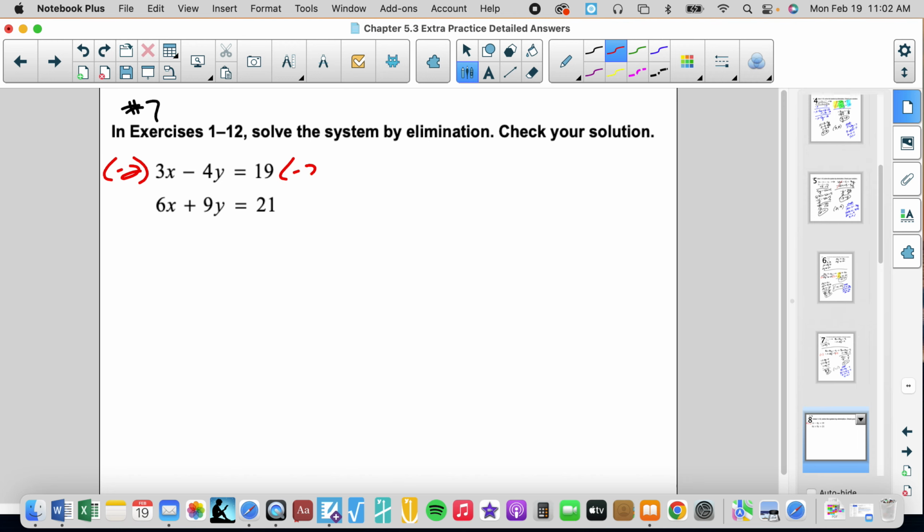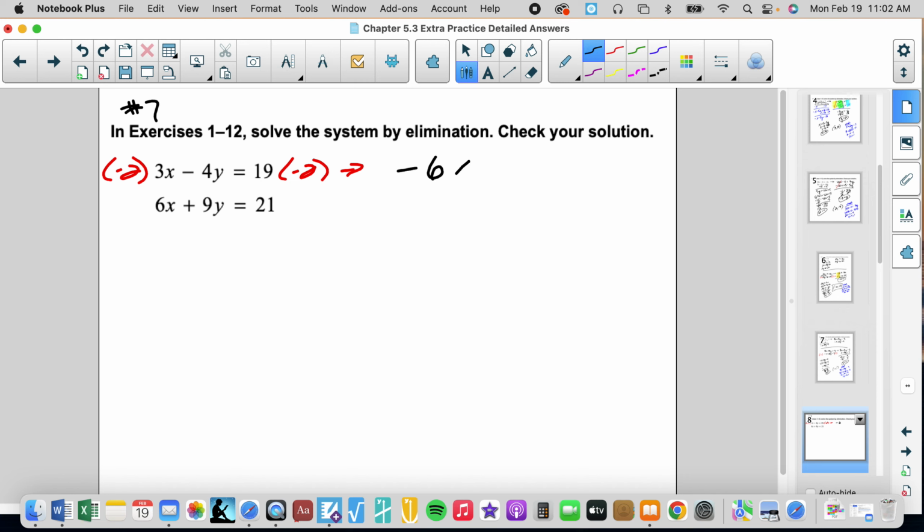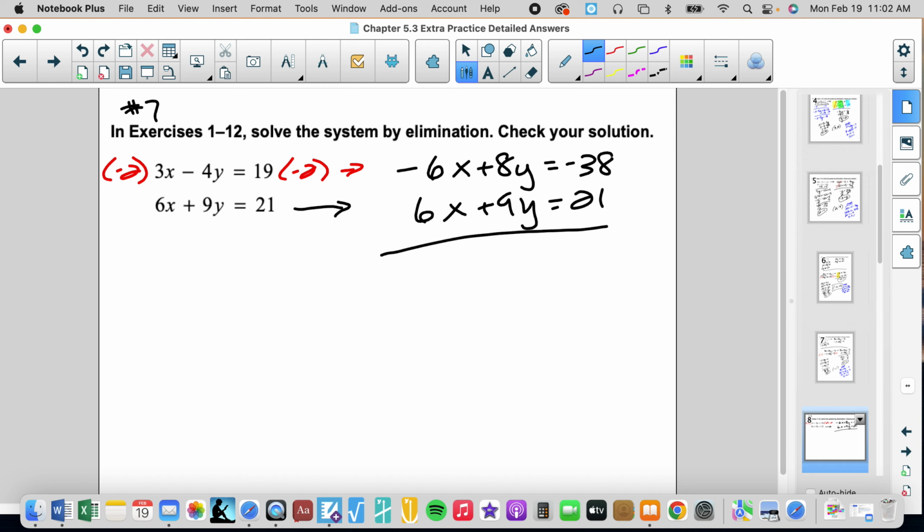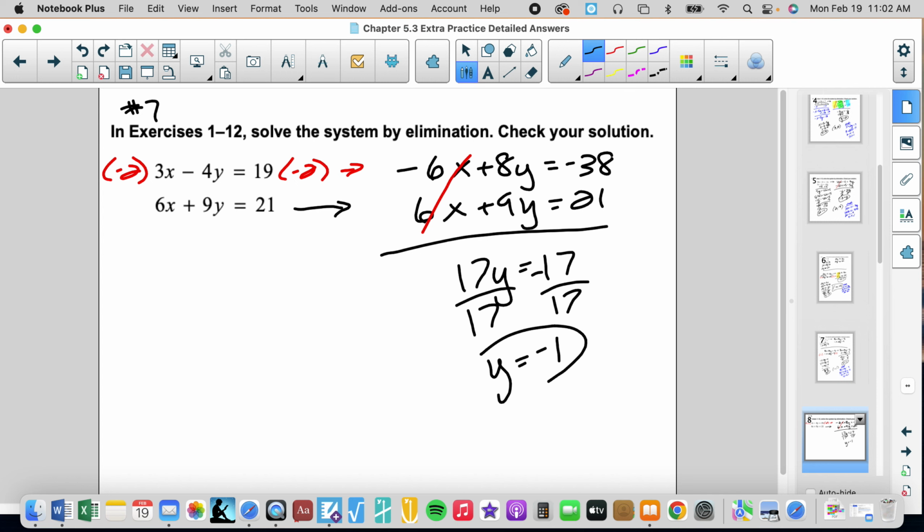I multiply it by -2, I get -6x plus 8y equals -38. And then I'm just going to bring this equation, 6x plus 9y equals 21. So we see that the x's cancel. Now they are opposite of each other. That's going to give me 17y equals -17, divide by 17, y equals -1.